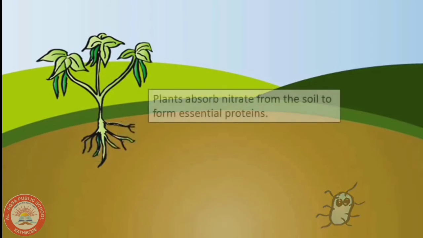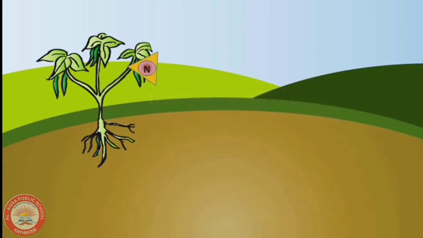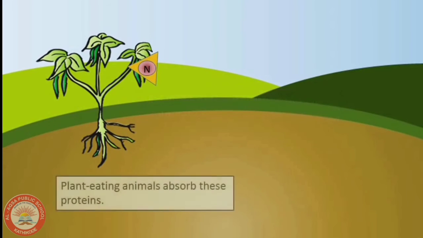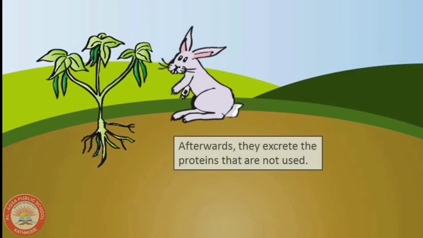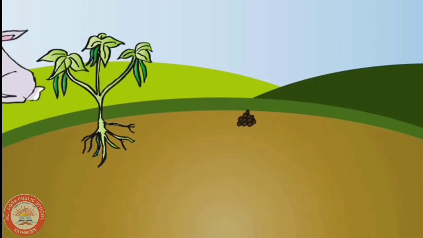They absorb it from the soil and use it for making their proteins. Now, animals which feed on plants eat these plants and absorb the proteins. These proteins are returned to the soil either through their waste material or when they die.